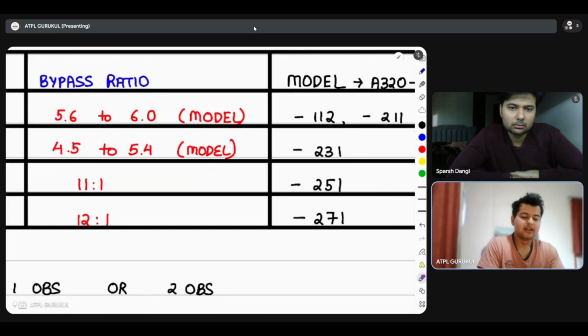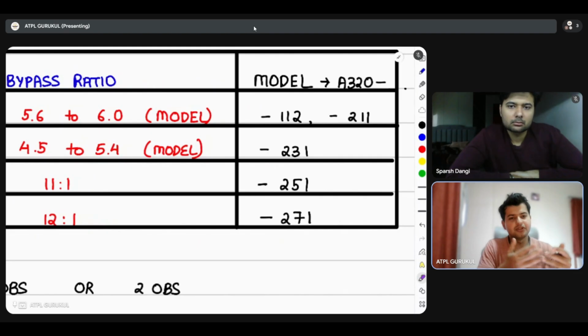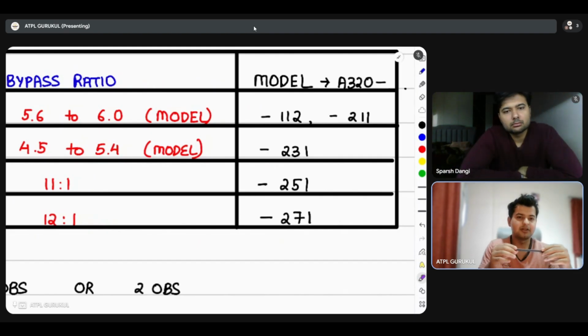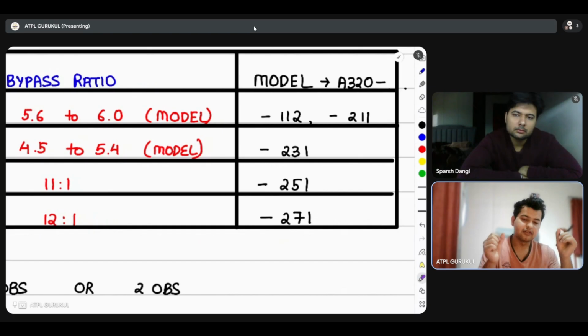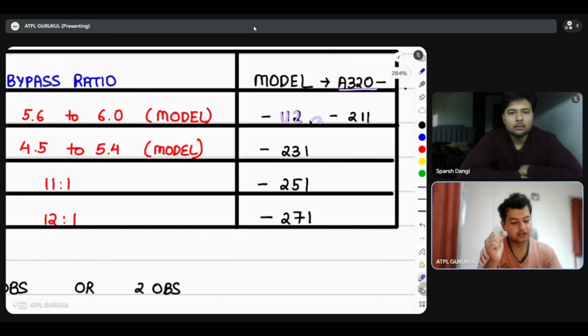Now when you're reading the FCOM, in the preliminary pages you went to the aircraft allocation table, which I showed you in the last class. It is visible only in the paper FCOMs. In that, the registration is written, the MSN is written, and on the right hand side you have the model of the aircraft, where it says A320 112, 211, something like this.